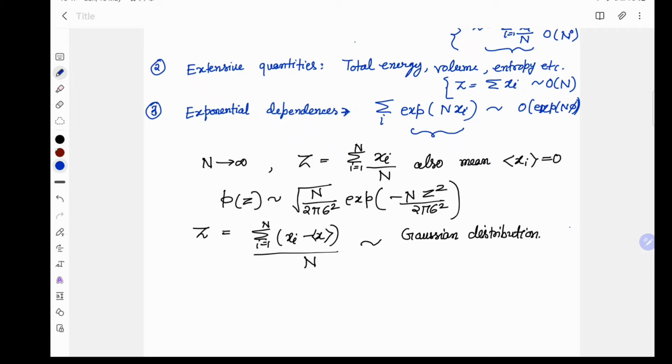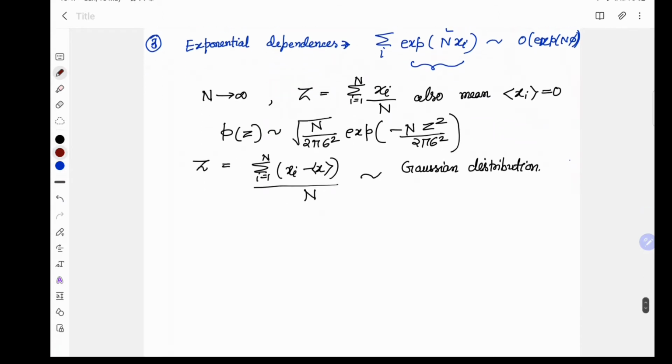You have seen in many places, I am sure, that we took logarithms. So why are logarithms important in statistical mechanics?